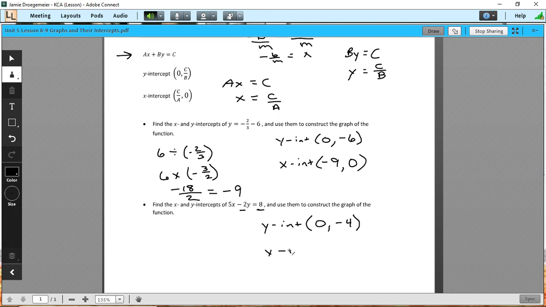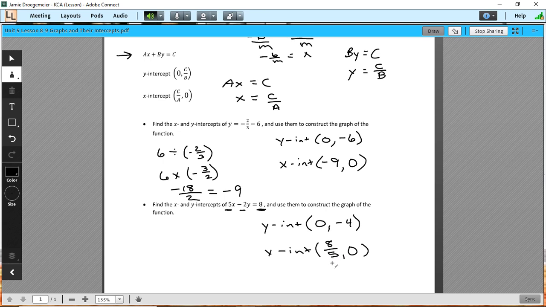Our x-intercept is going to have a y value of 0. The x value is going to be c divided by a. Our c term again is 8. Our a term is 5. 8 divided by 5. I'm going to leave it in that improper fraction form.